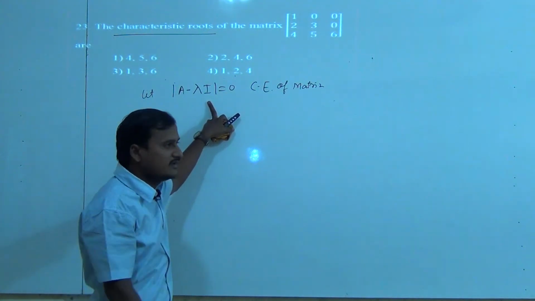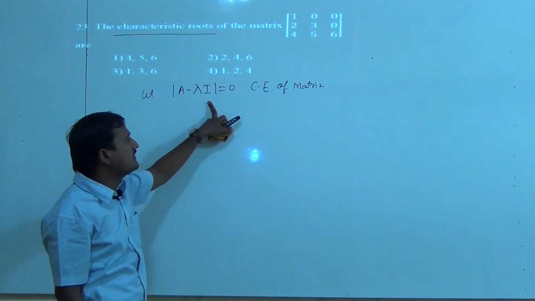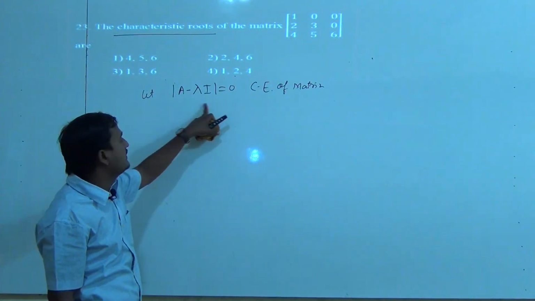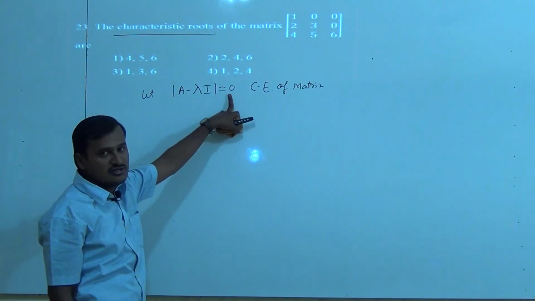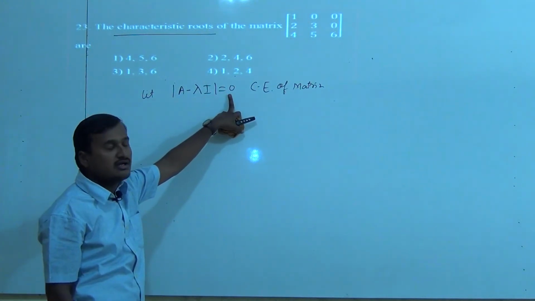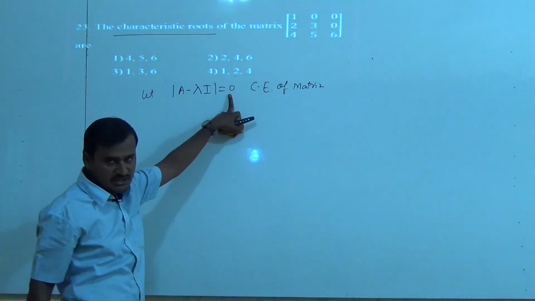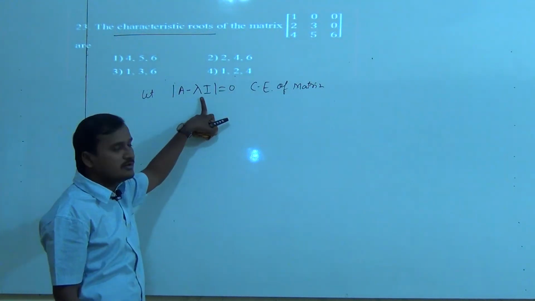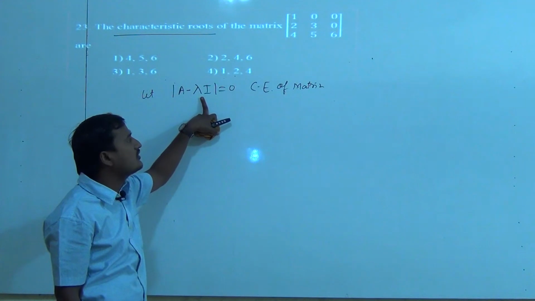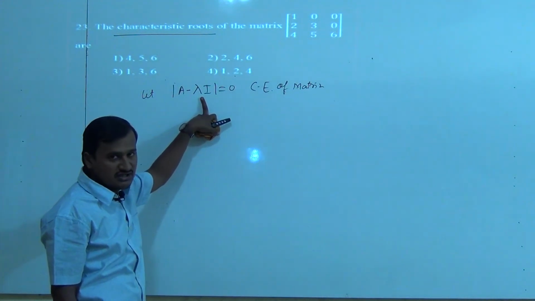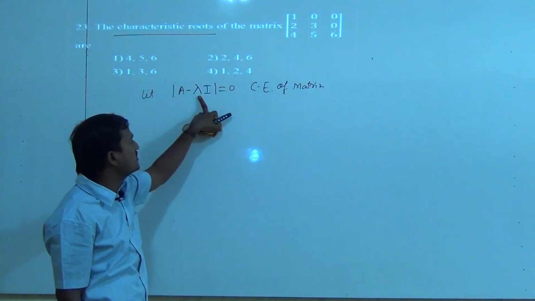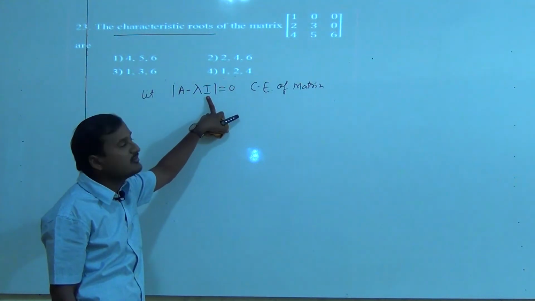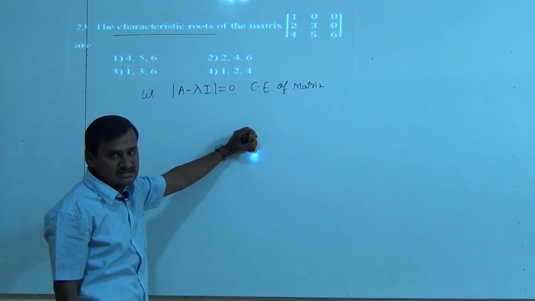Once again, the characteristic equation is nothing but determinant of A minus lambda I equal to 0, and the roots of this equation are called characteristic roots. Here lambda is a non-zero constant and I is an identity matrix of order 3 cross 3.